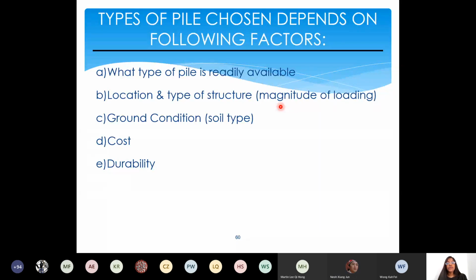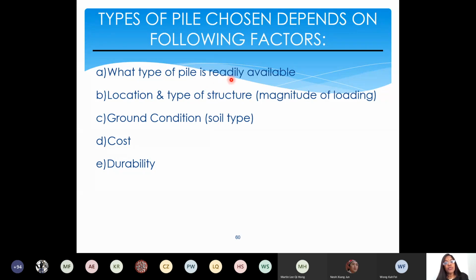So this is how you have to be careful, site specific, and understand the condition of your site. Remember everything before you decide, and then advise your subordinates at the site. Types of pile chosen depend on the following factors. Just now we were talking about the comparison; you can relate to this.